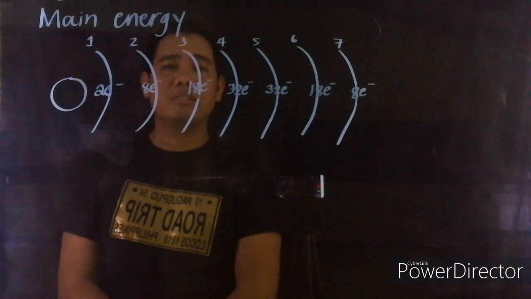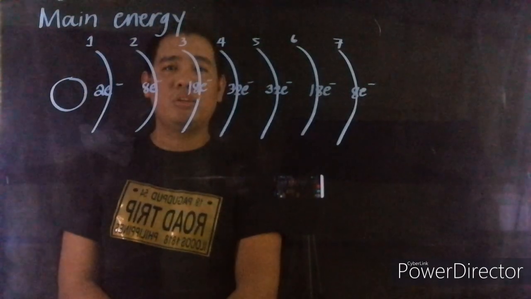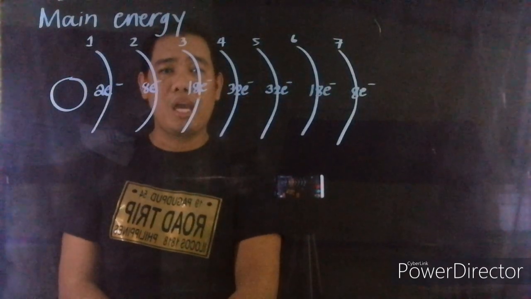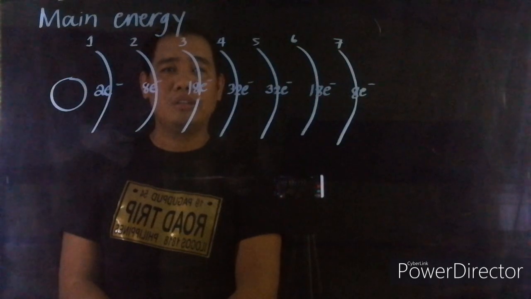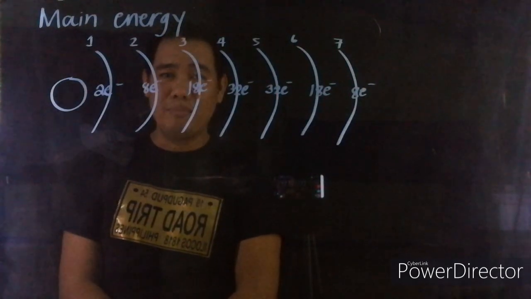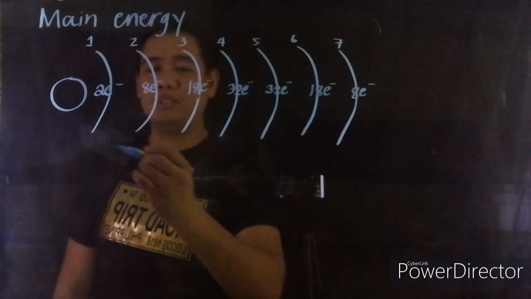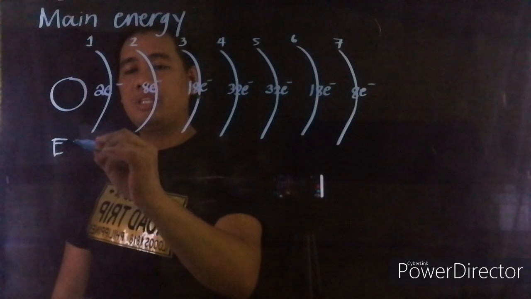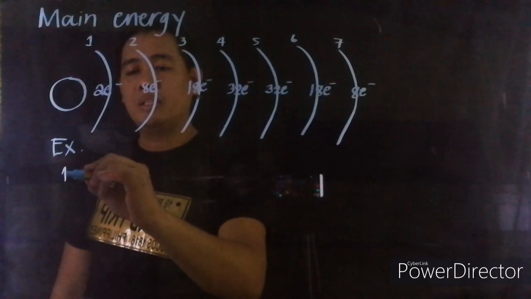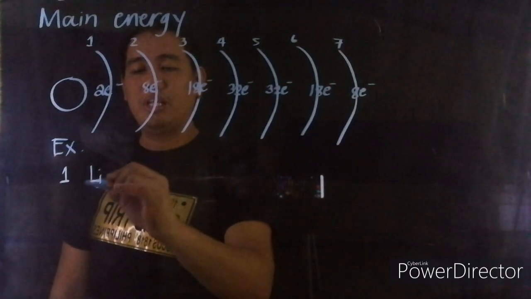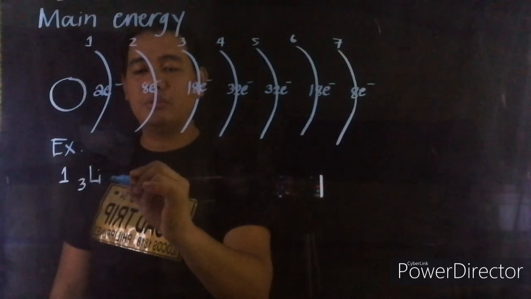So let us give an example so that you know how to use the main energy level. Then we will identify the period number, the group number, and the valence electron of a given element using the main energy level. So let us start with the easiest one. For example, we have lithium. Lithium has atomic number of 3.